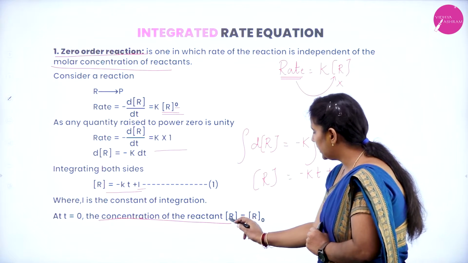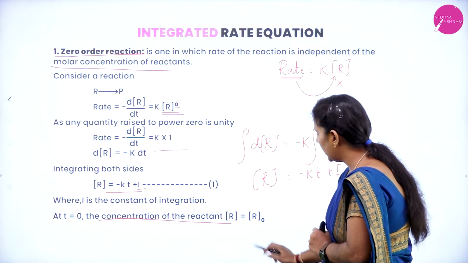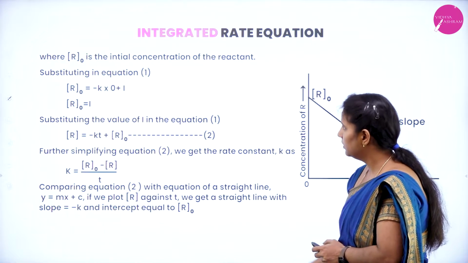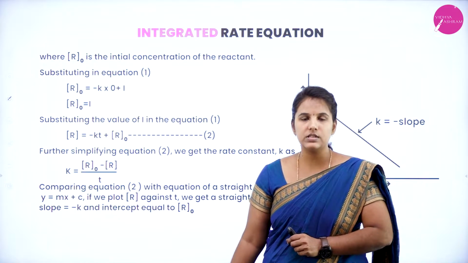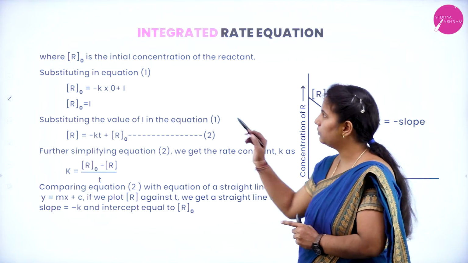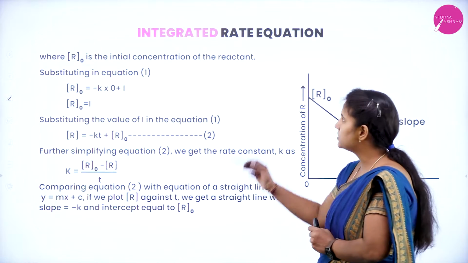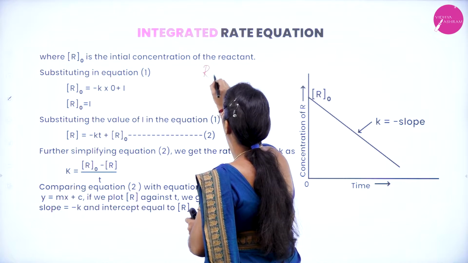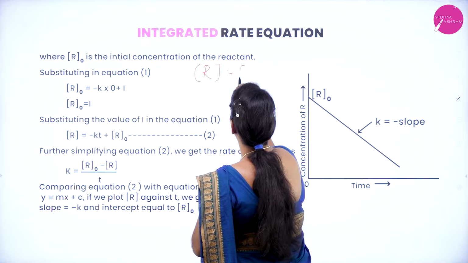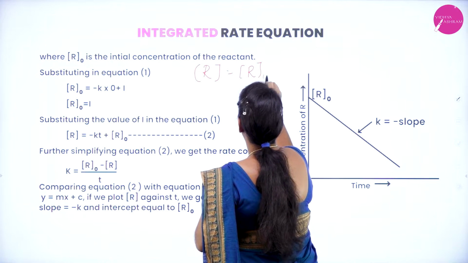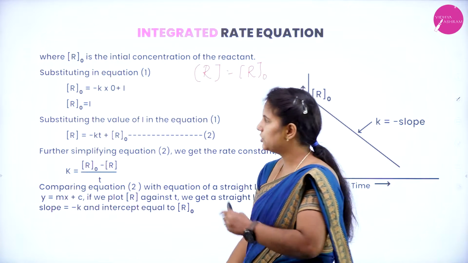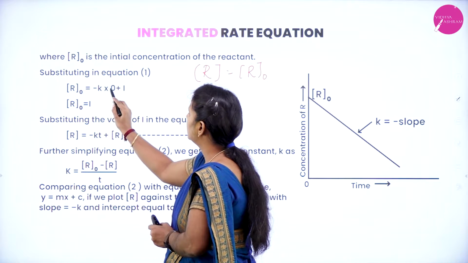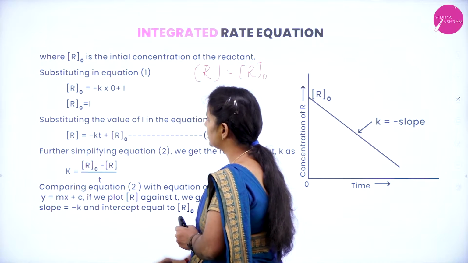So we can write the molar concentration of R equals the molar concentration of R naught. R naught is nothing but the initial concentration of the reactant. By substituting R equal to R naught in the first equation, we will get R naught equal to minus K into 0 plus I.